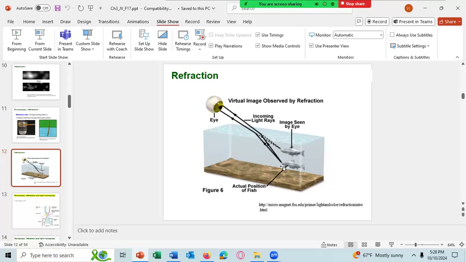What happens is the light coming through the water will bend as it enters the air, and that's why the fish will look like it's in this position, but it's really in this position. Like I said, birds are used to this and they know the fish is not in that position. They'll put their feet down lower.